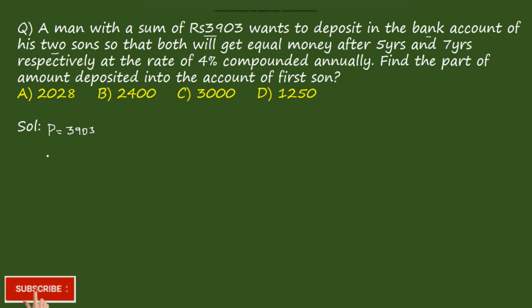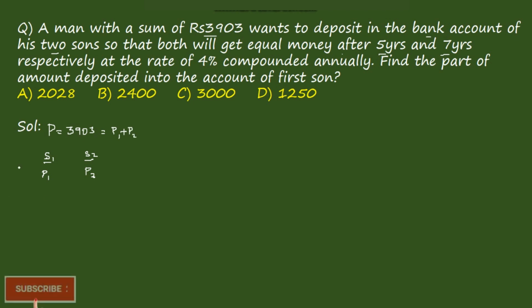Again, saying he wants to deposit in the bank accounts of two sons. Okay, there will be two sons, say son 1 and son 2, so that both of them will get equal money after 5 years and 7 years. So for the first son, the principal is given as P1, the second one is P2. Okay, such that P1 plus P2 is equal to 3903.